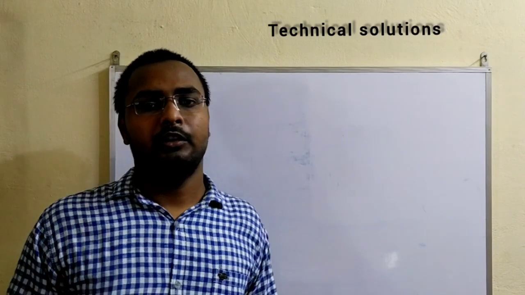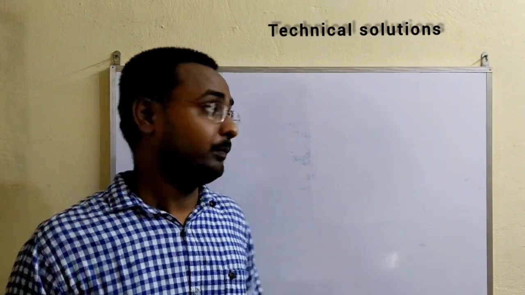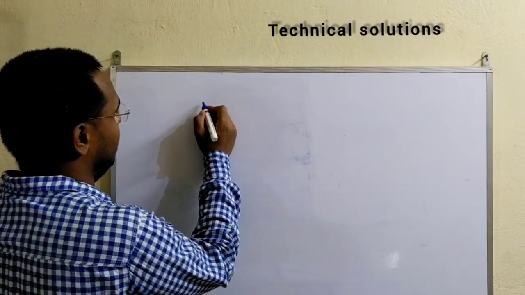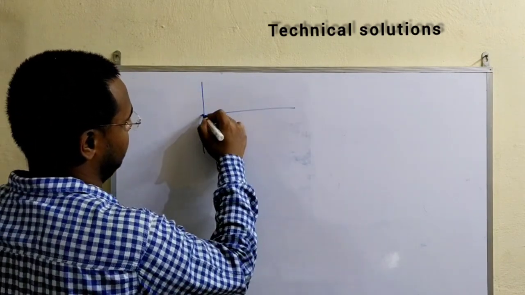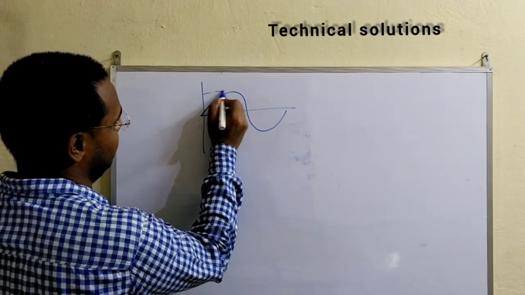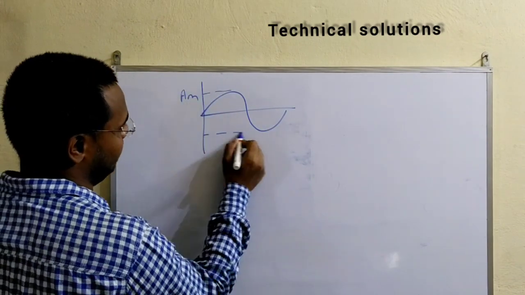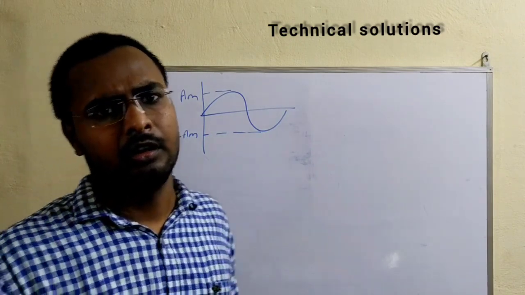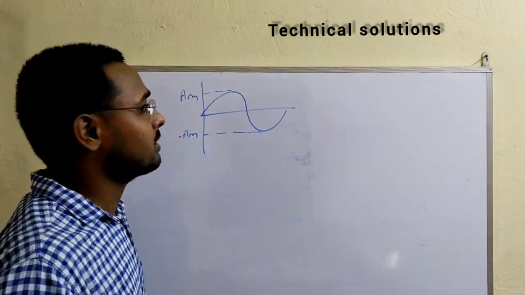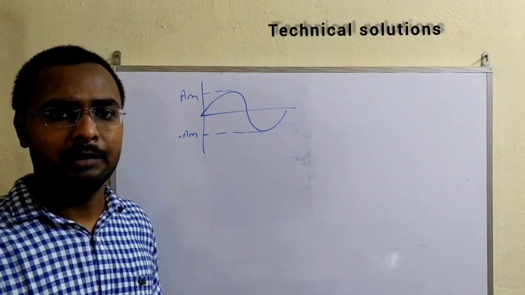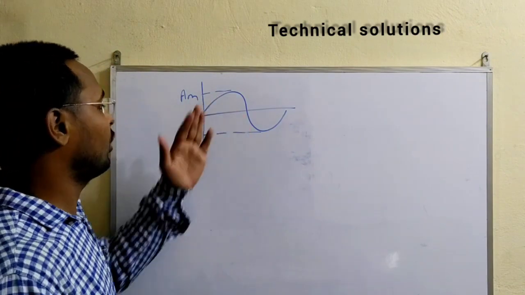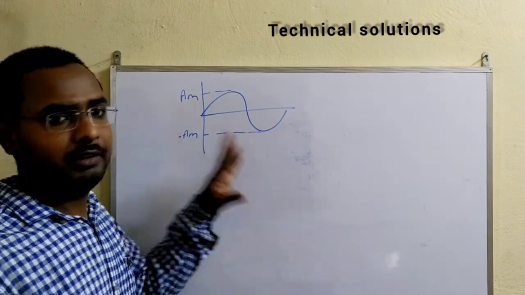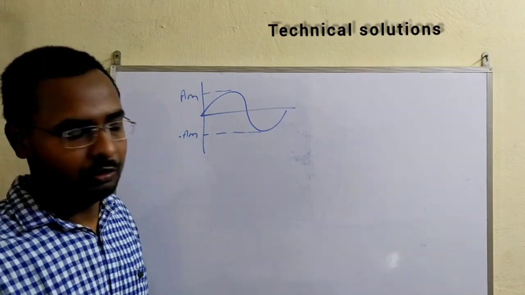I forgot to tell you some formulas. If this is a message signal, this is Am, this is minus Am. In some questions, the examiner asks for the maximum frequency, minimum frequency, or maximum amplitude or minimum amplitude, and it asks about the modulation index.